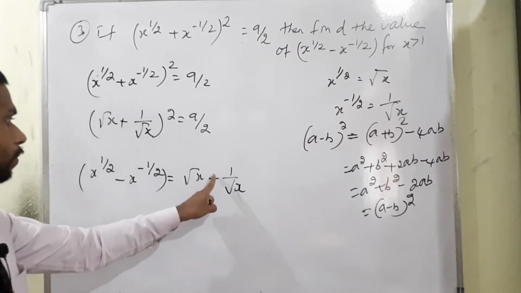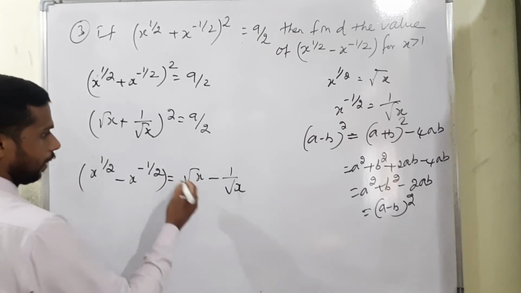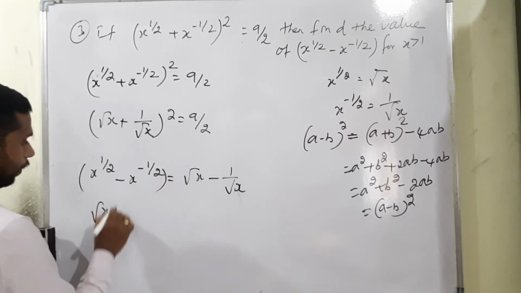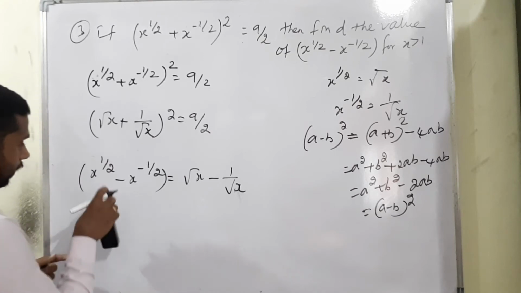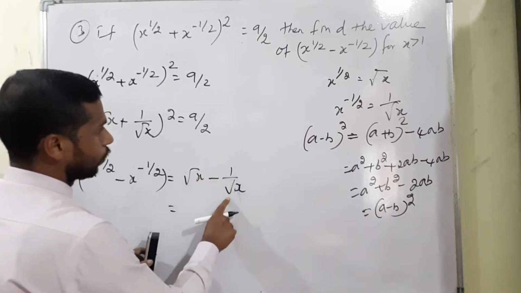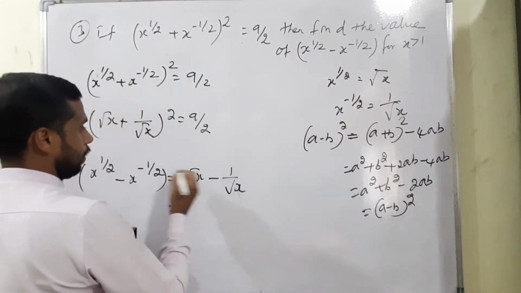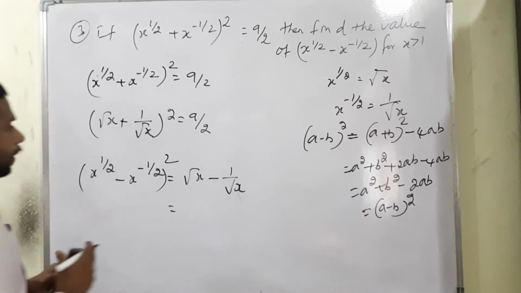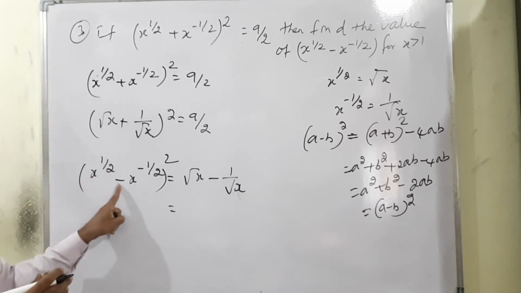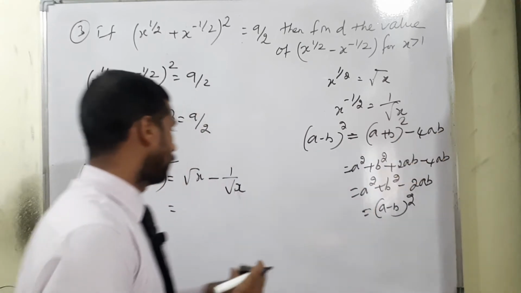Now the condition has a minus. Therefore the whole square means what will happen? So root x minus 1 by root x is of the a minus b the whole square form. Now, suppose if you take a minus b the whole square form, this is the form a plus b the whole square minus 4ab.